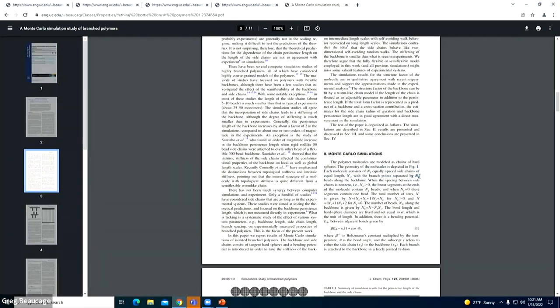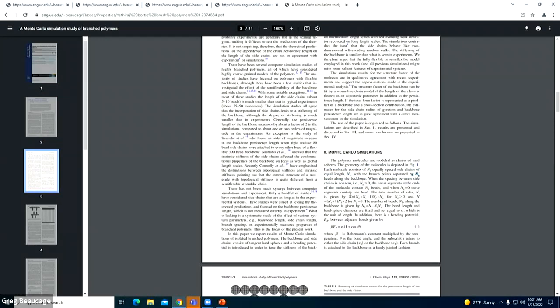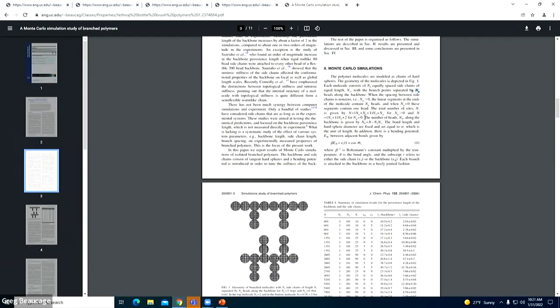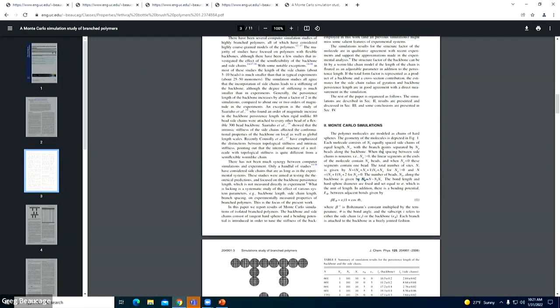So his NB in the one is NG in this one. The backbone. Wait, no. NB is the backbone. That's NG. NG is the separation between the branches. All right. So he's got his own nomenclature written up here. I think in both NB is the backbone though.